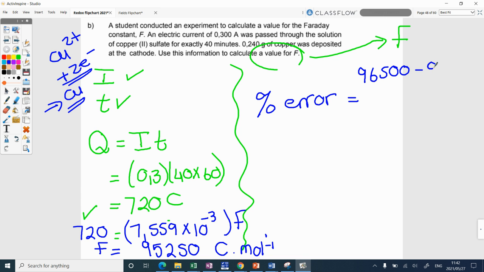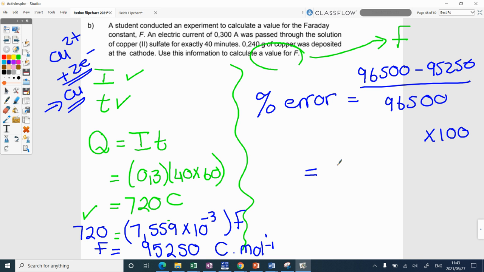He got 95250. So you get the difference between those values, always positive, and you divide it by what he was supposed to get, 96,500. And you times it by 100. Because this is the type of thing that can pop up in any question in chemistry, percentage uncertainty.